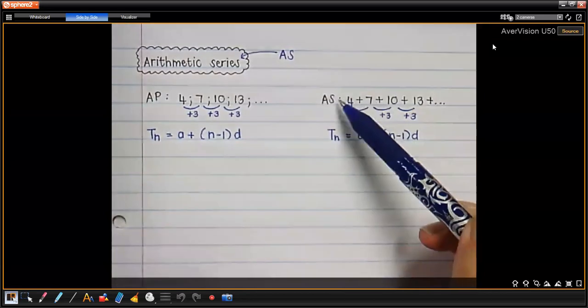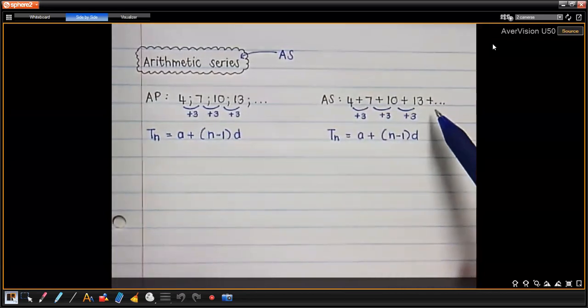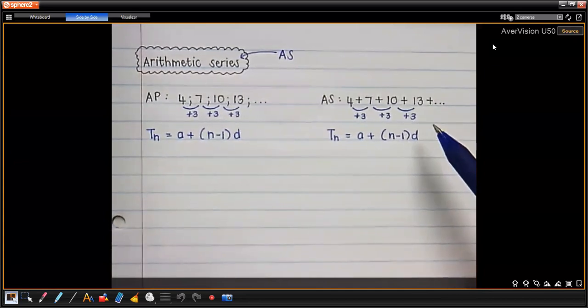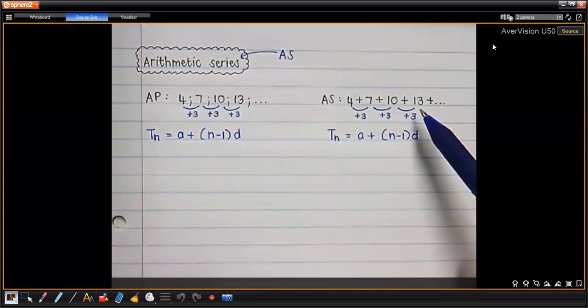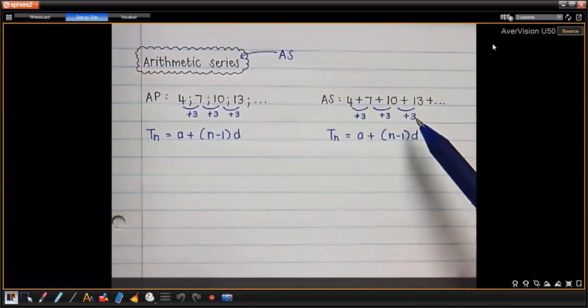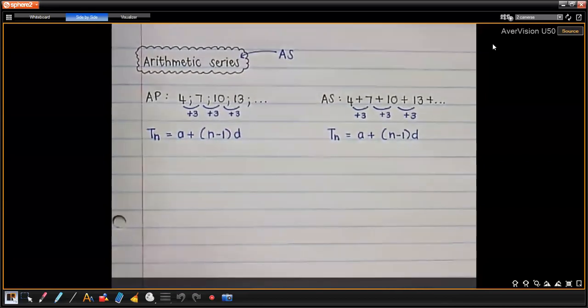But now because we're actually adding the terms together, we can now calculate the sum of a certain number of terms. Here I've written 4 terms, so I can find the sum of the first 4 terms. I can also, we're going to write down the formula now, find the sum of the first 50 terms, without actually having to write down all 50 terms and adding them together.